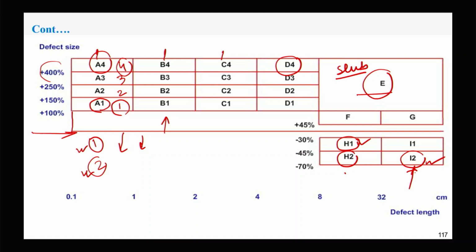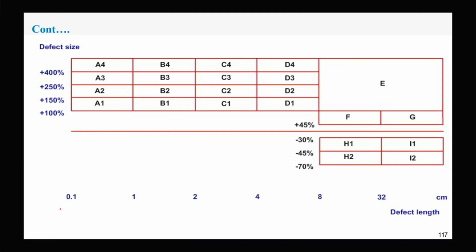So if we see here in this plot, among A1 to D4, fault D4 is highly objectionable because the thickness is more and the length is more.